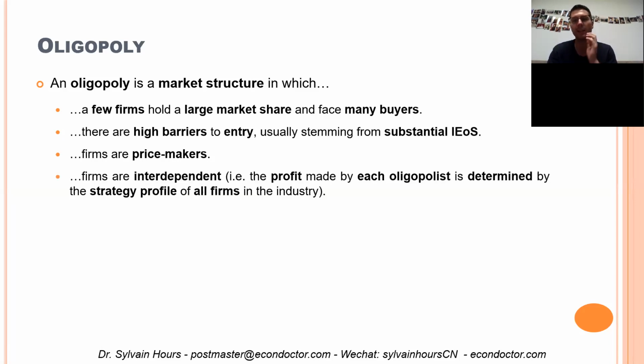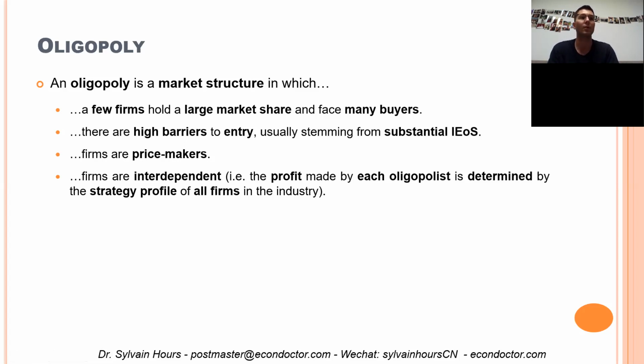What is interesting in an oligopoly, and this is why we use game theory to identify the equilibrium, is that firms are interdependent. Interdependent means that the profit made by each oligopolist depends not only on their own strategy.